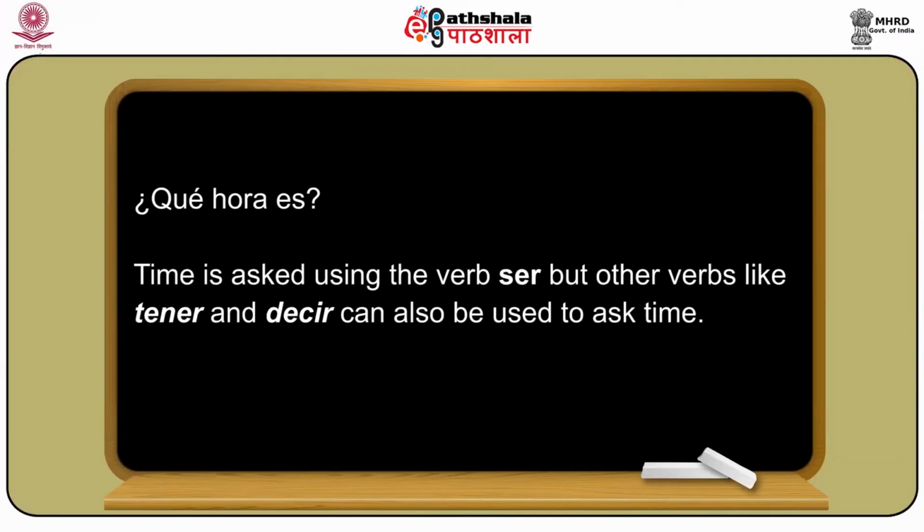Now, after having talked about the weather condition, let's see how we ask and tell time in Spanish. So to ask time, the question is ¿Qué hora es? As you can see, time is used with the verb ser here, and at times the verbs like tener and decir can also be used to ask time.